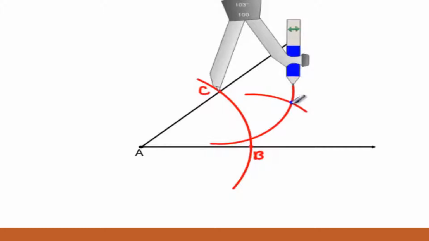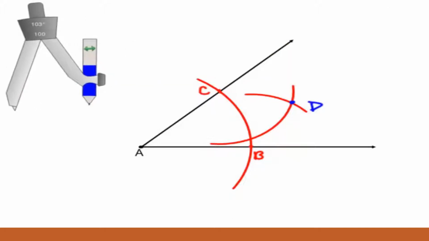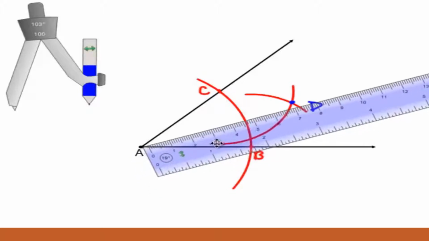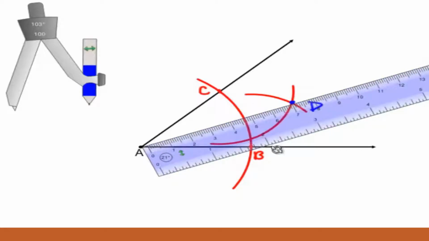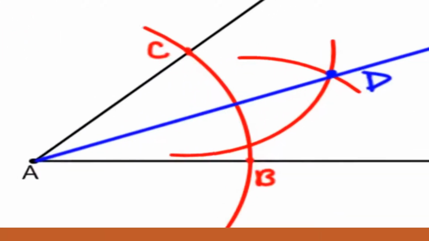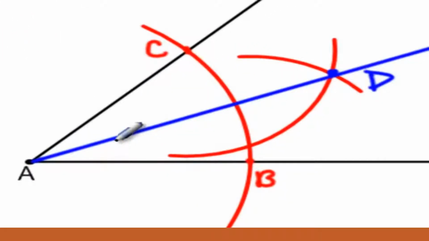So let's label that point D. Then, taking your straight edge, make a line that goes through points A and D. And there you have it: AD is the angle bisector of angle CAB.